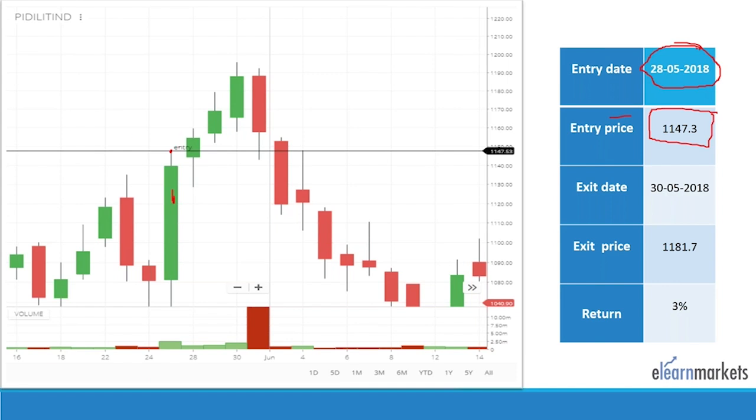Our target was 5% of this, 1147 into 1.05, which was around 1204, right?